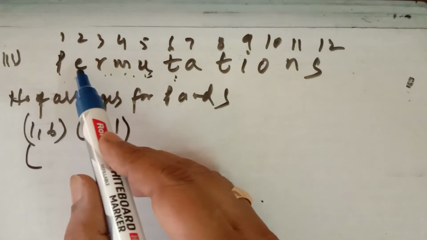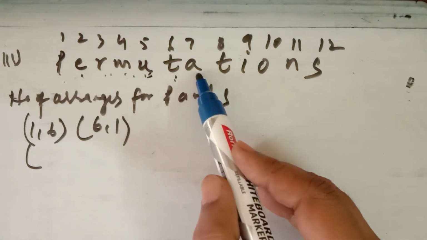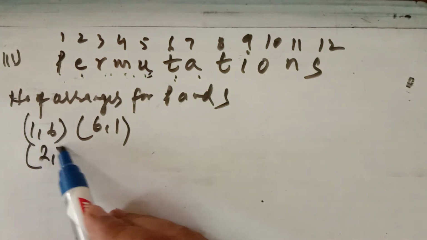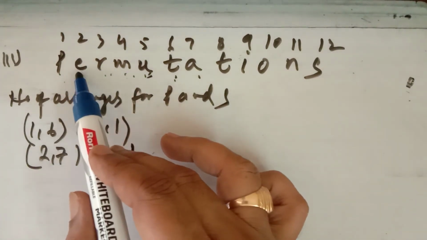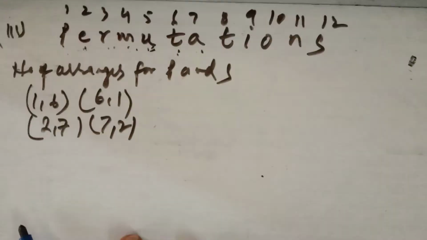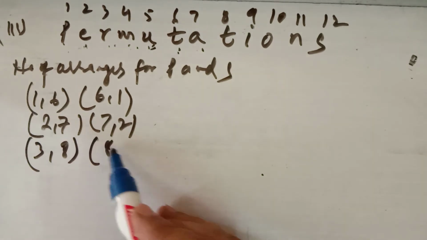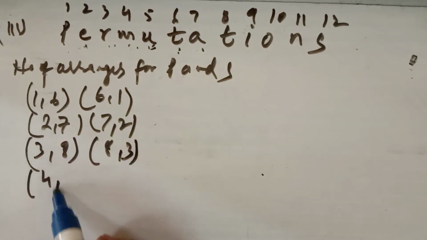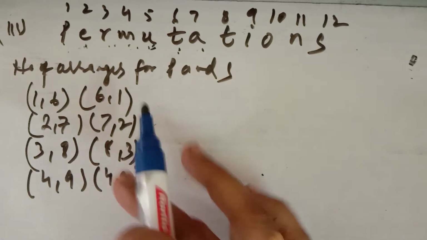Similarly, P can be at second place, then S can be at the 7th place, that is 2, 7, or the reversal, S here and P here, and so on. Then 3 and 8th position for P and S, or 8th and 3rd, 4th and 9th position, or 9 and 4th.